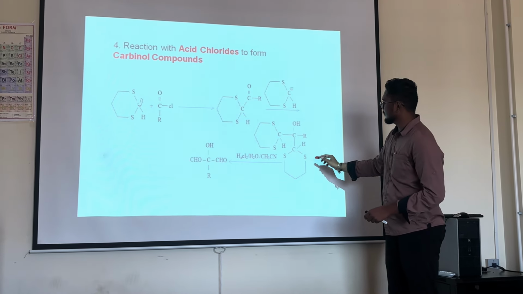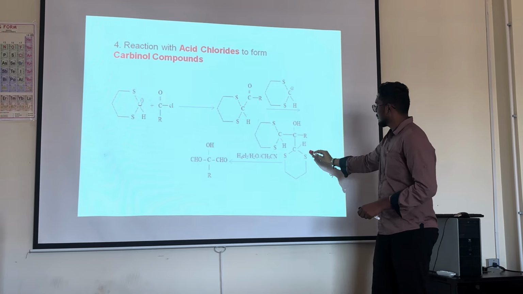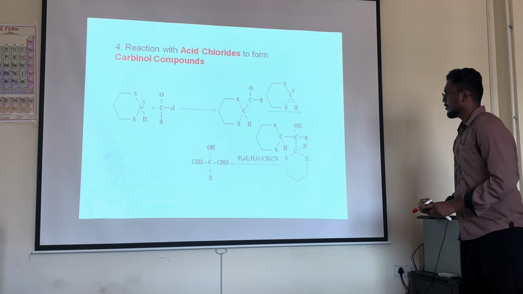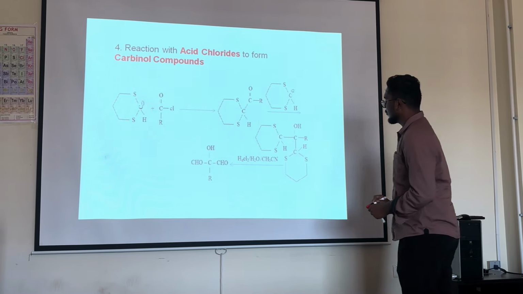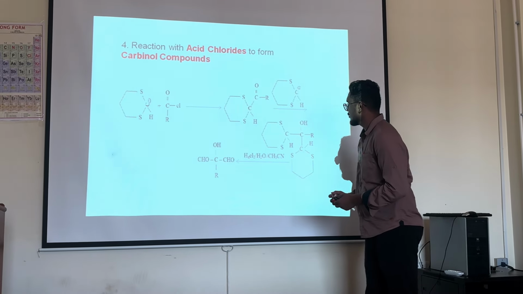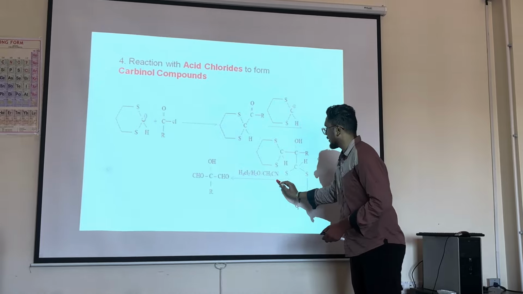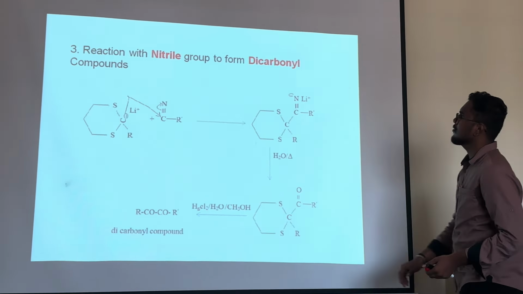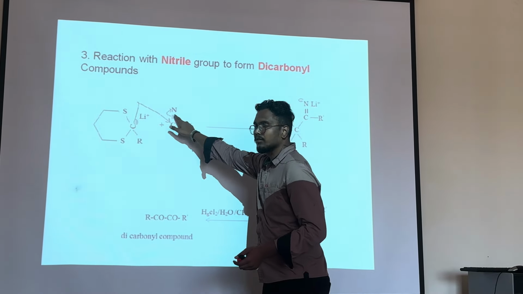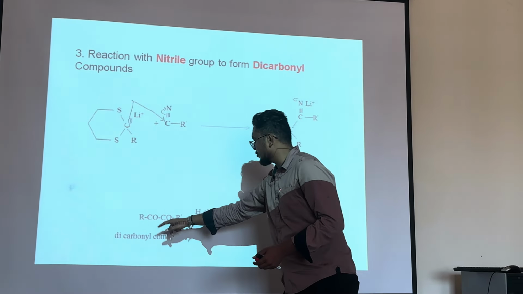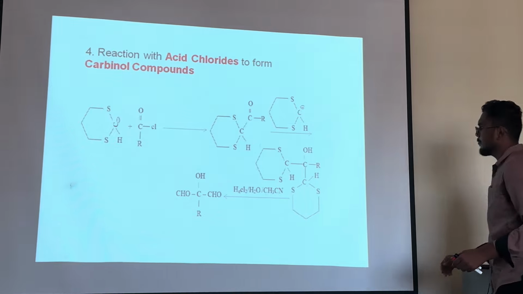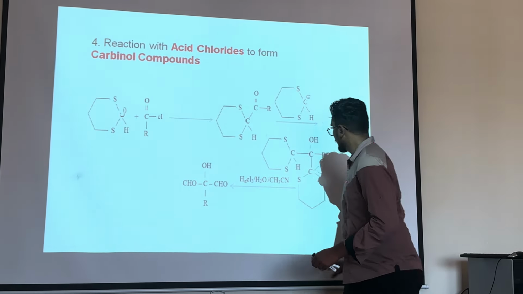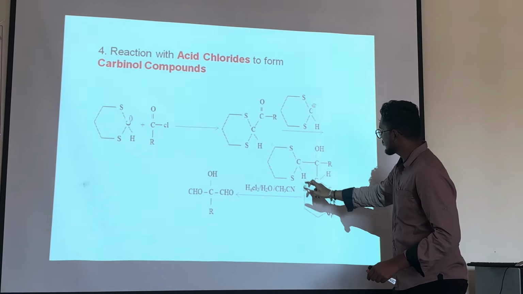Now to remove these two things and form the carbonyl group instead, we use methyl cyanide. Same thing we use here, methyl cyanide to generate the carbonyl group by removing this one.